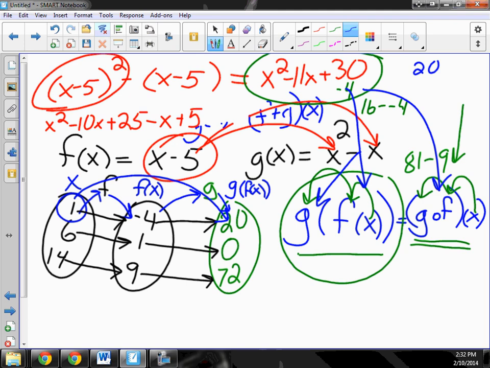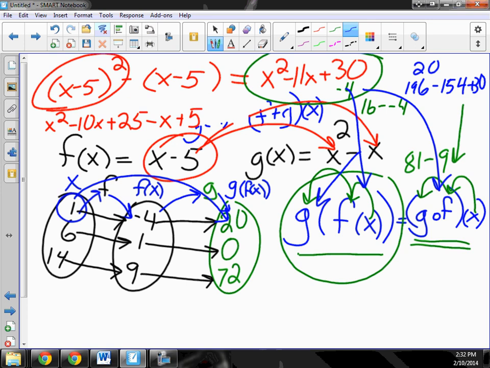If I plug in 14, I should get out 72. Oh boy. 14 squared is 196 minus 121 plus 33, 154 plus 30. I did it right, 72.